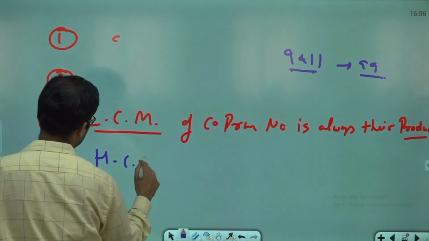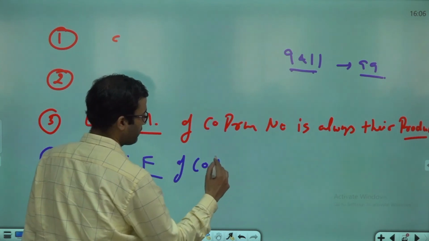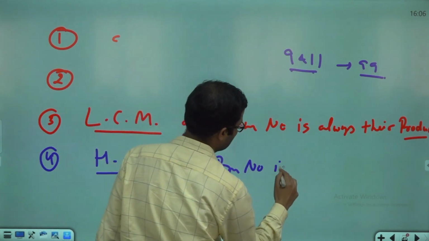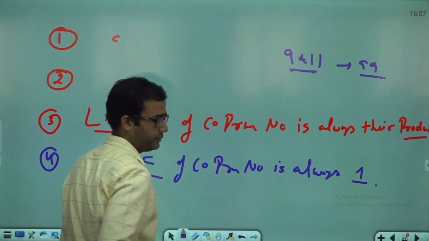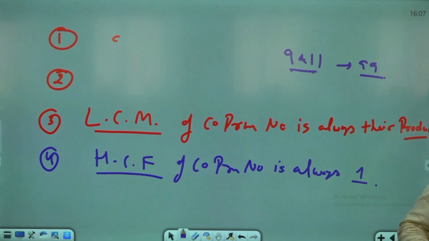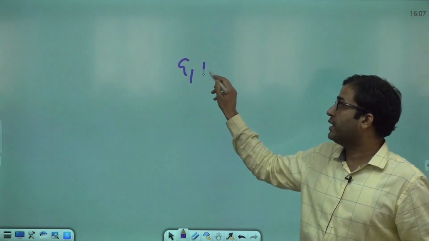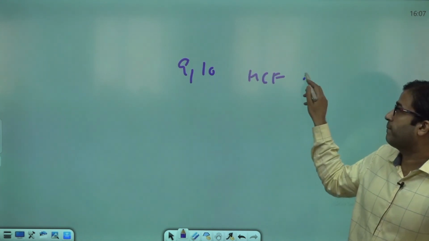Fourth one, HCF. Highest common factor of co-prime numbers is always 1. 9 and 10. HCF of 9 and 10 is 1.